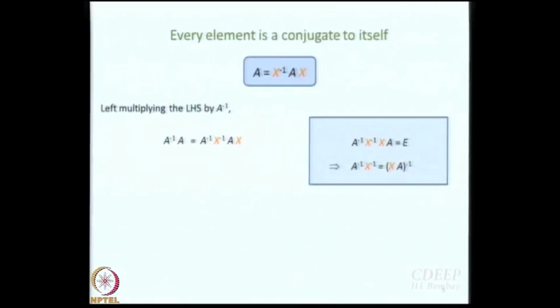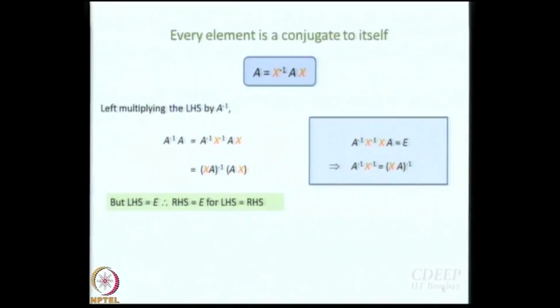XA, not AX. So, let us take that and plug it into the right hand side. You get XA inverse multiplied by AX. I hope we have not forgotten what the left hand side is. Left hand side is E. So, if left hand side is E, then right hand side also has to be E if this has to be correct. When is the right hand side going to be E?